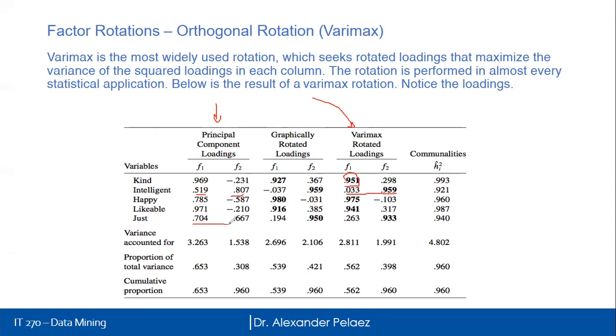The one that we had a problem with was this one, 0.704, 0.667, right? Look what happened to the rotation over here when we did the rotation. By using the rotations, it will make loadings appear more evident without losing any information at all.